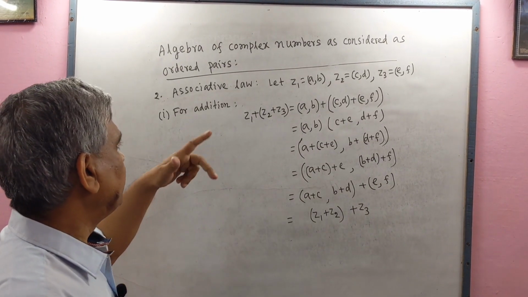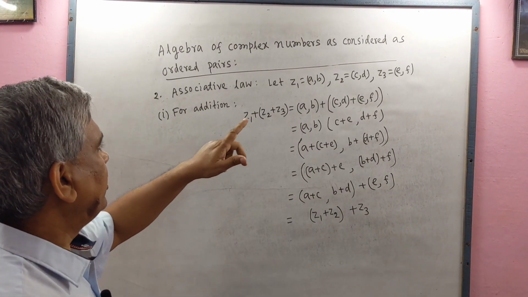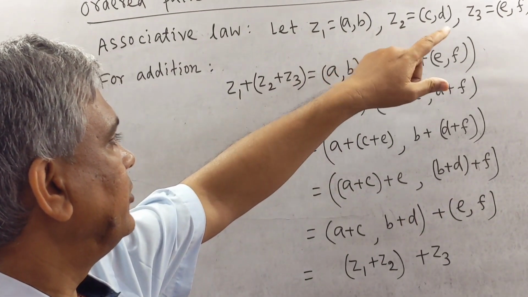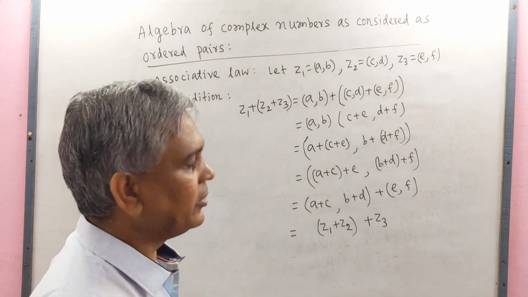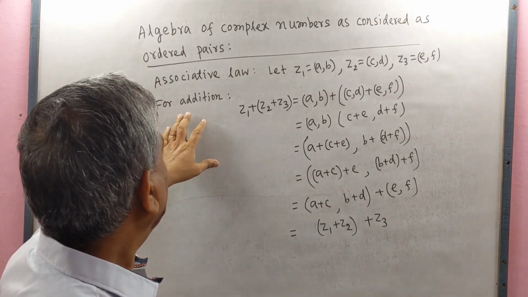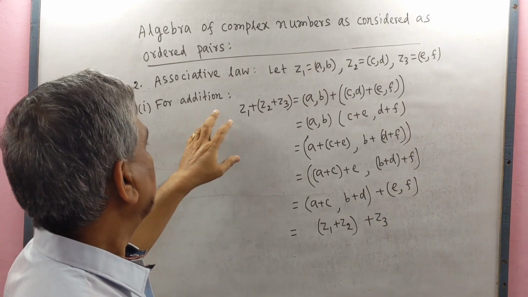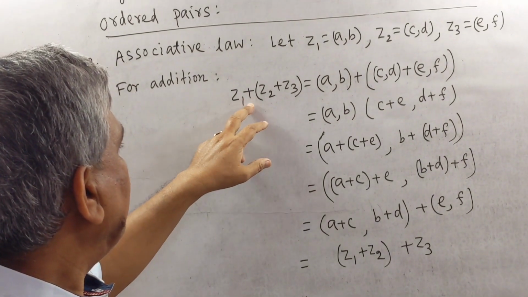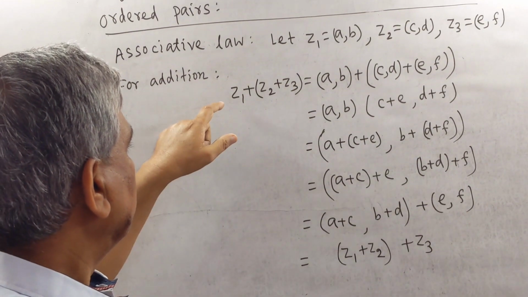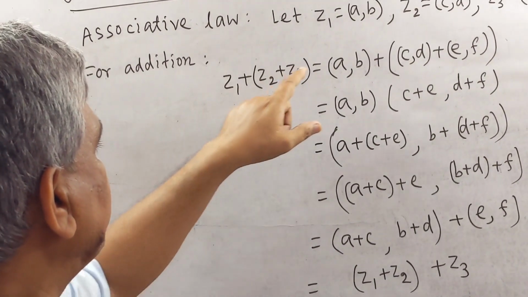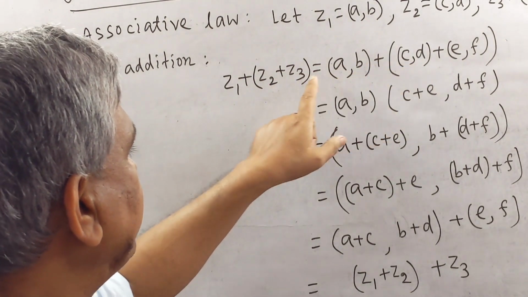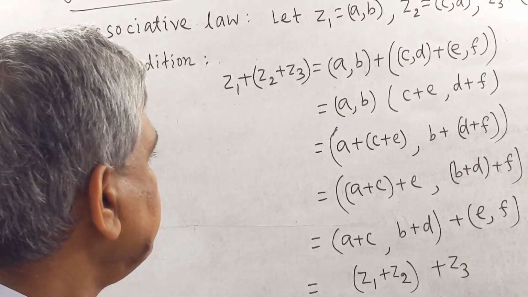Number 2, associative law. Let Z1 equal to ordered pair (a,b), Z2 equal to ordered pair (c,d) and Z3 equal to ordered pair (e,f). First we solve for addition. Let Z1 plus under bracket Z2 plus Z3 equal to Z1 means ordered pair (a,b), Z2 means (c,d), Z3 means (e,f).